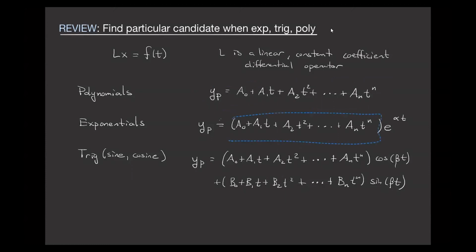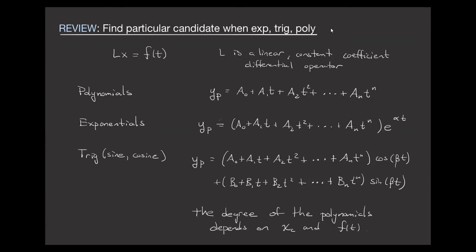In every case, there's a general polynomial, and it's really just a matter of whether we leave it as a polynomial because f of t is a polynomial, we multiply an exponential by a polynomial, or we take a combination of cosine and sine, where each one is multiplied by its own polynomial. And the degree of this polynomial depends on what is in f of t and what is in the complementary solution. Let's maybe look at a quick example just to remind us.